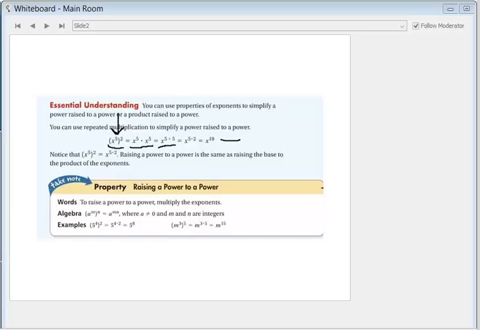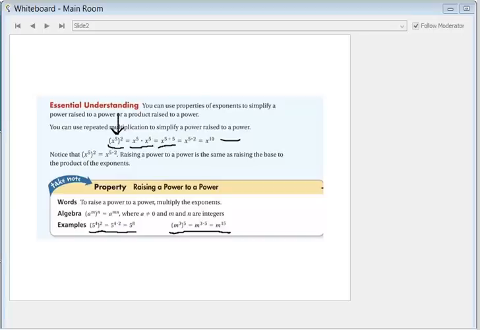So our examples at the bottom: 5 to the 4th raised to the second power is the same as saying 5 to the 4th times 2, or 5 to the 8th. If we put it in algebraic form with a variable, m to the 3rd raised to the 5th power is m to the 15th.